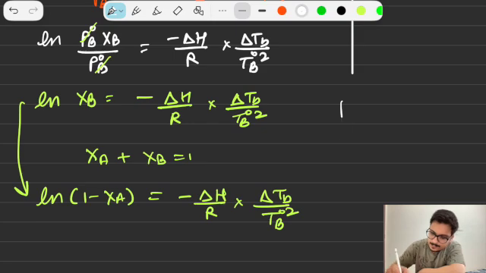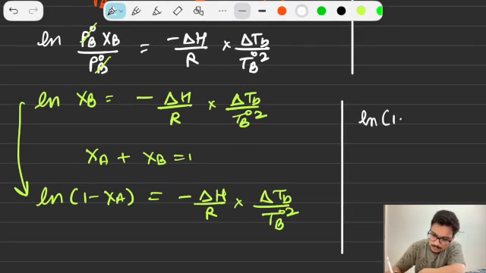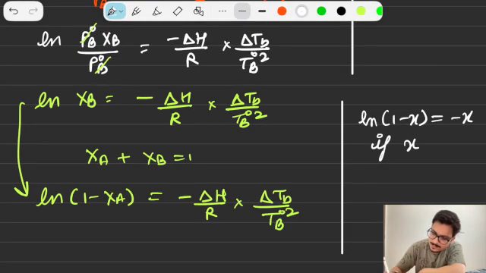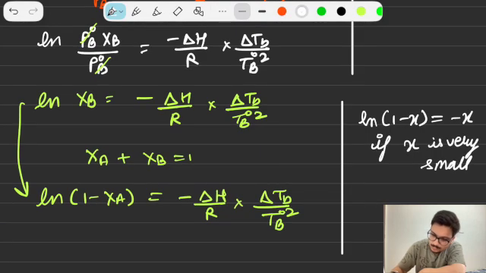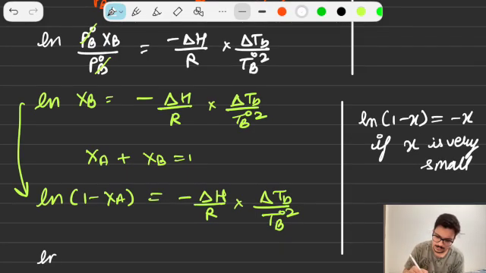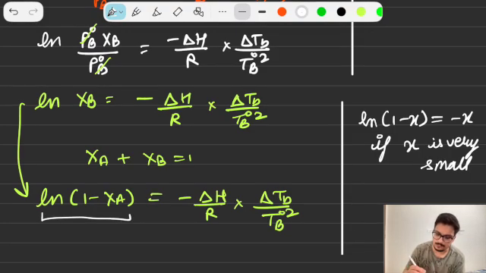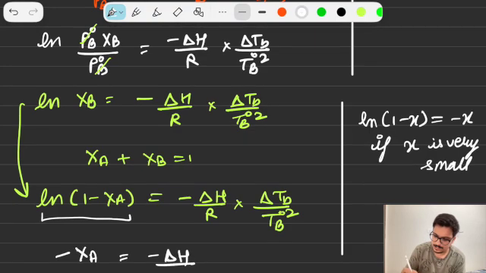I hope you know that natural log of 1 minus x would be equal to minus x if x is very small, because we have assumed that the solute concentration is very low. So natural log of 1 minus mole fraction of A would be equal to minus mole fraction of A, which is equal to minus delta H upon R into delta TB upon T naught B square.